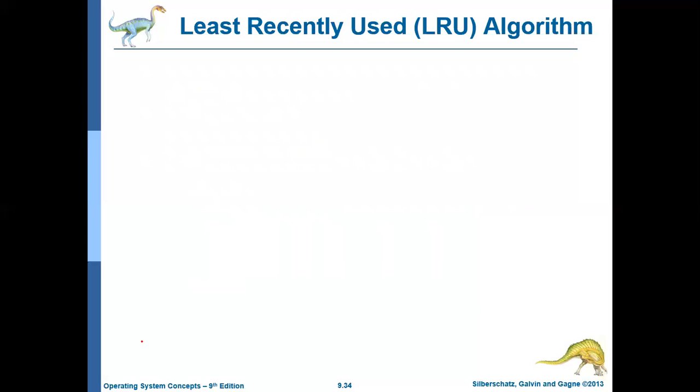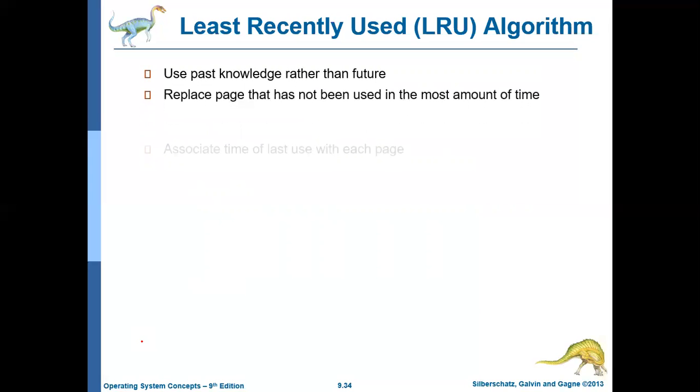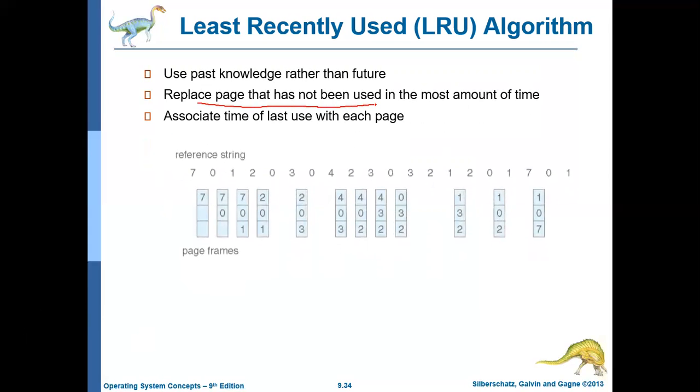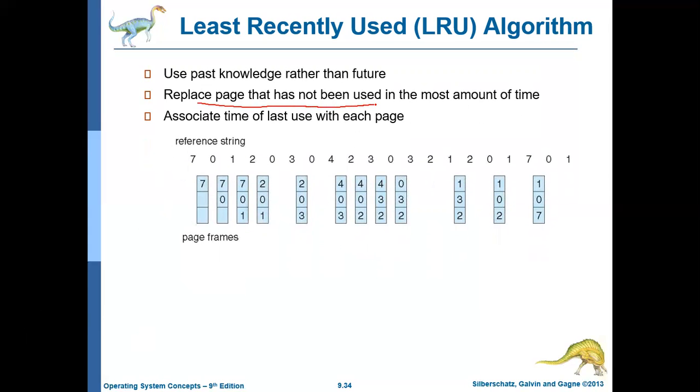Okay. So the next algorithm is least recently used page replacement algorithm. So what this algorithm says is, replace the page that has not been used recently. Whenever you want to replace a page, replace the page that has not been used recently. That's it. Okay, so it is about the past, which we know, right?